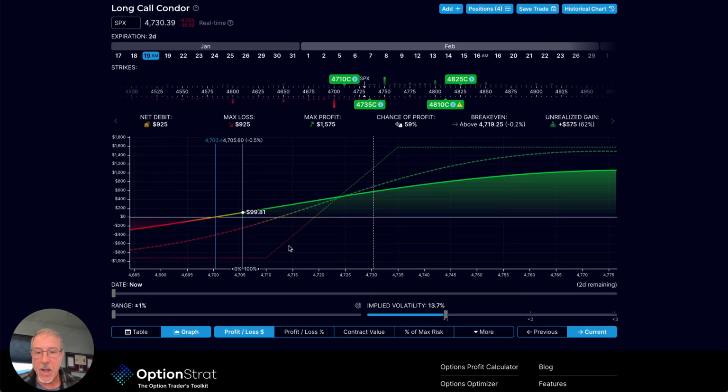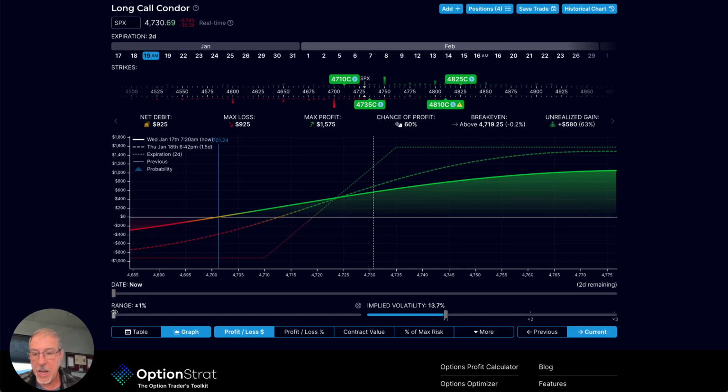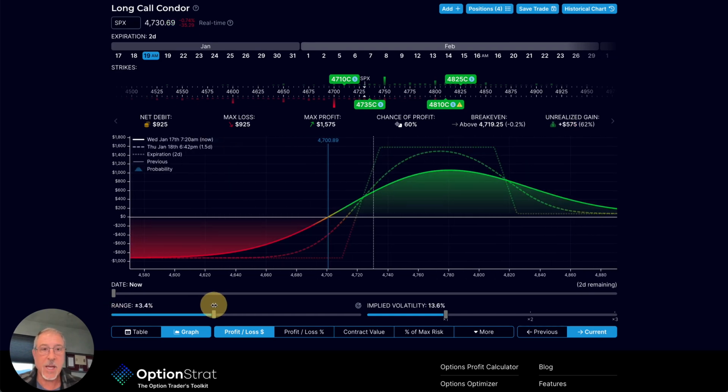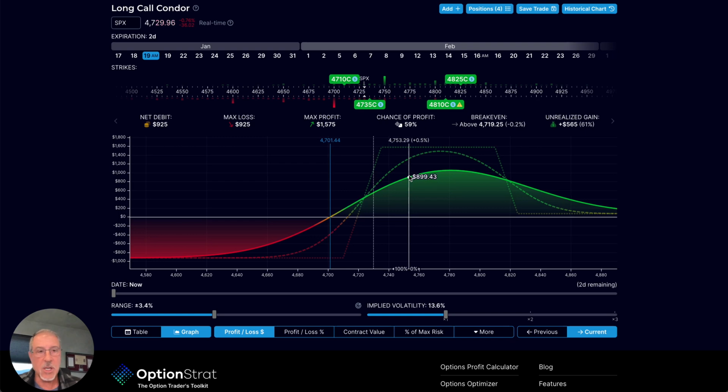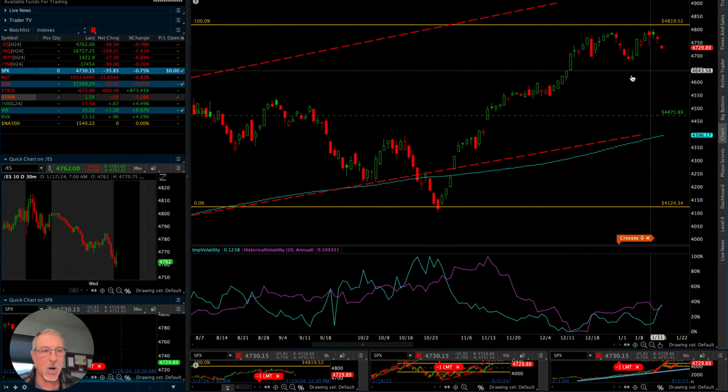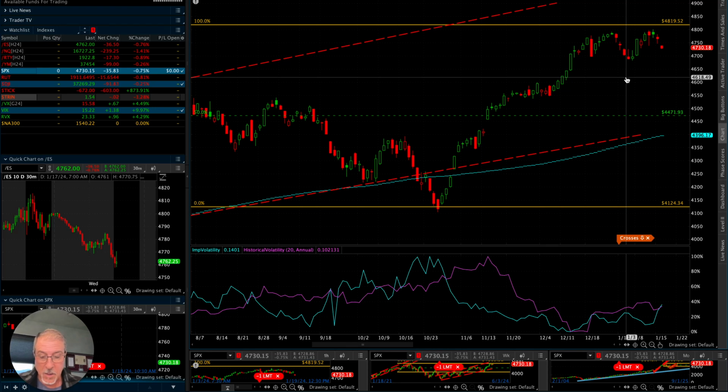So if you remember, I had originally put on this long put spread, okay? And then the market rallied up, and then I came in on January 10th, exactly 1 week ago, when our market was up in this general area, the 4760 range or so. Let me scroll over here to a chart. When our market was in this general area here, I said, you know what, I don't think our market's going to pop through 4,800.